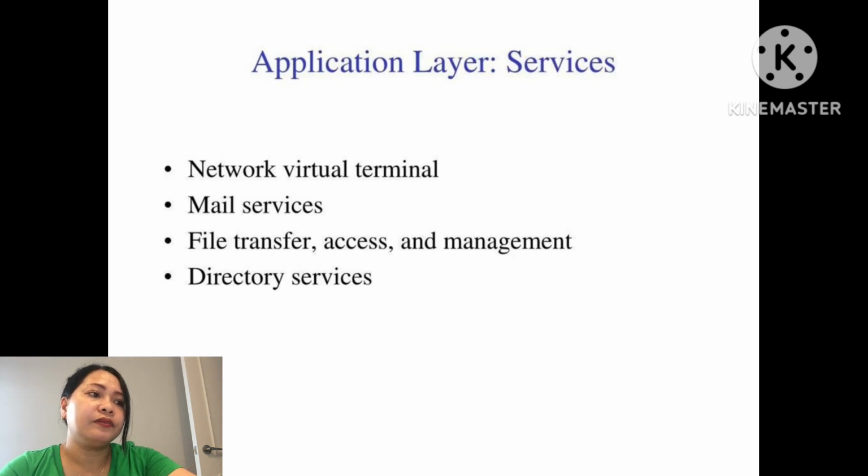Application layer services: network virtual terminal, mail services, file transfer, access and management, directory services.